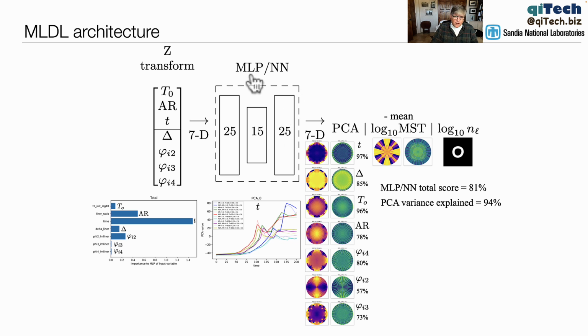The best results by far came using a multi-layer perceptron with ReLU activation. The optimum structure was this decoder encoder format of 25, 15, and 25 hidden layers.